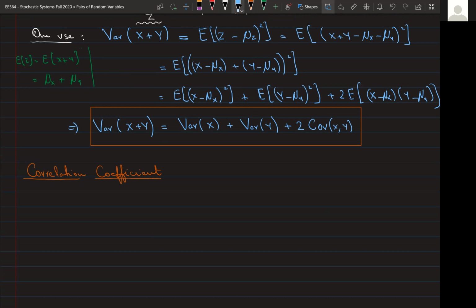Okay. So correlation coefficient, have you heard of the name? Pearson correlation coefficient is used a lot for signals, for discrete signals as well as continuous signals. And the idea here is similar as well.